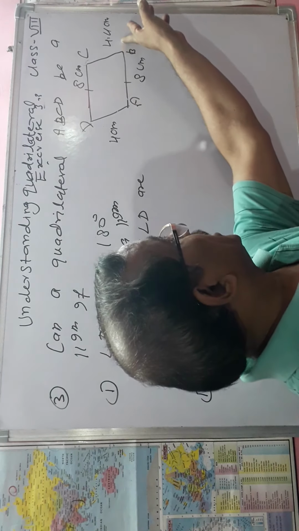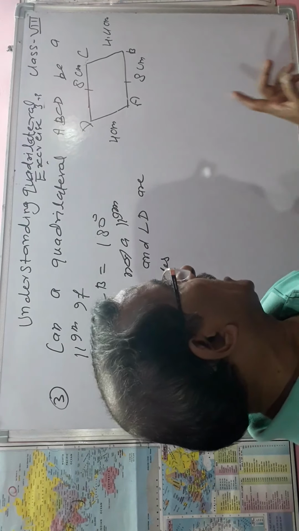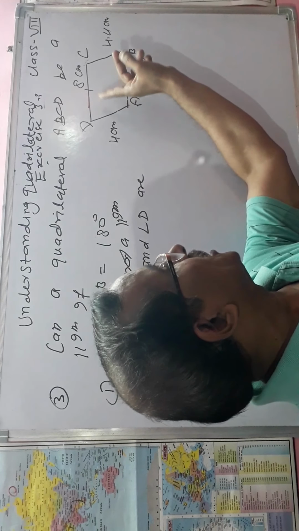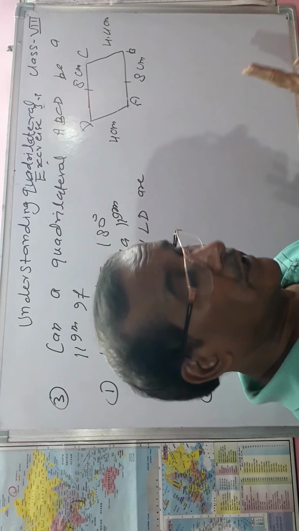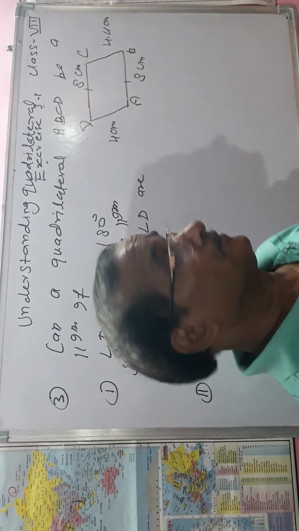If ABCD is a parallelogram, then the opposite sides must be equal. Hence, AB is equal to DC is equal to 8 centimeters, but AD is not equal to BC.